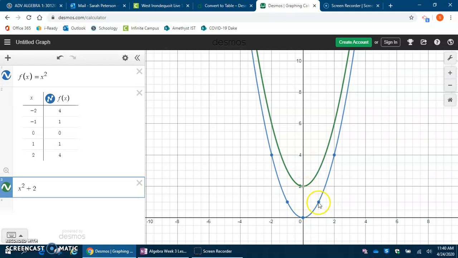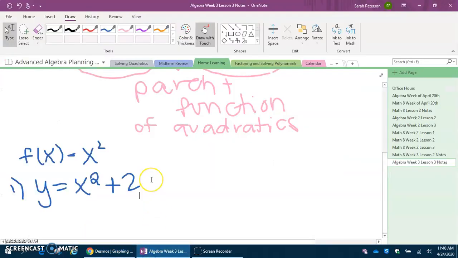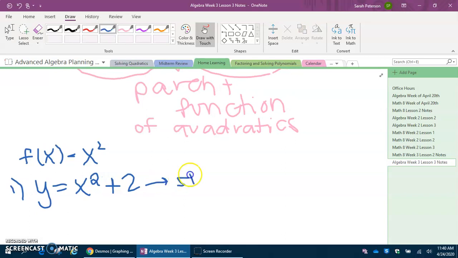This point is 1, 1, and the point right above it is 1, 3. So it looks like each point has shifted up 2. Okay, so that means that this one shifts up 2.